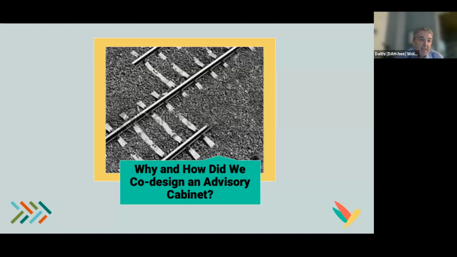We called it a cabinet, and that was very intentional because a cabinet is a word that has power and says, wow, this is a group that's on par with a chief executive officer of a state or a country or wherever it is, and their cabinet, their trusted advisors. So those two issues of word choice were not accidental.